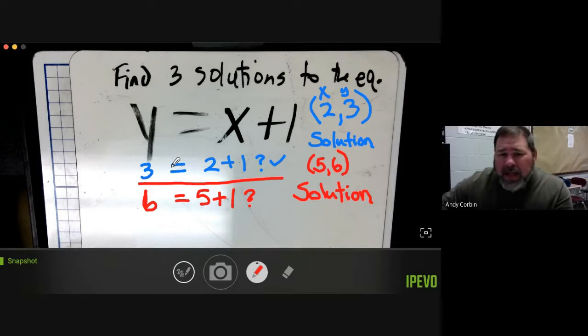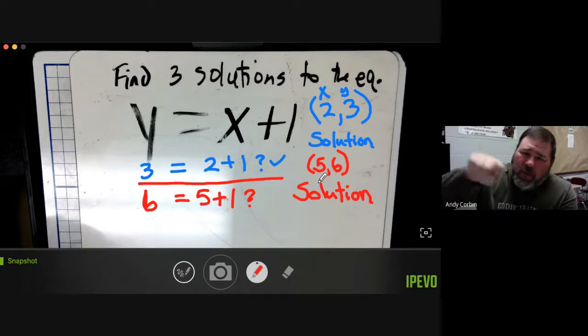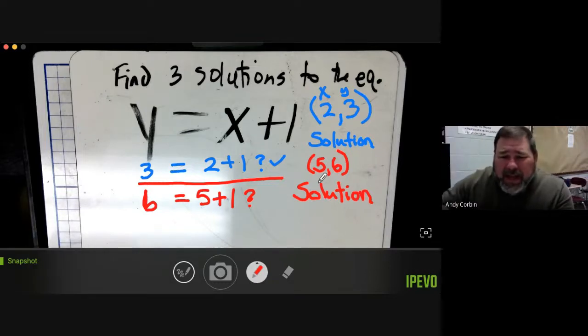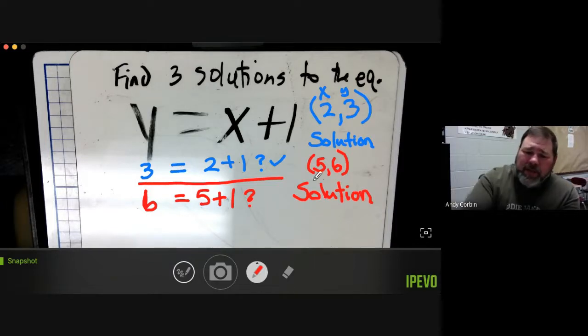But in the graphing world, when you have ordered pairs that are solutions, they are actually points on the line. And so if we know we've got 3 solutions, we can graph those ordered pairs, and that gives us 3 points that are in a straight line, and we just connect the dots, and that is our line, okay? So that's what we're going to be doing today.